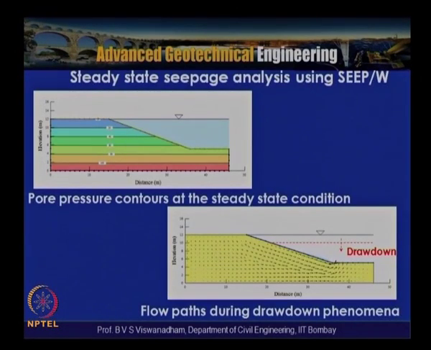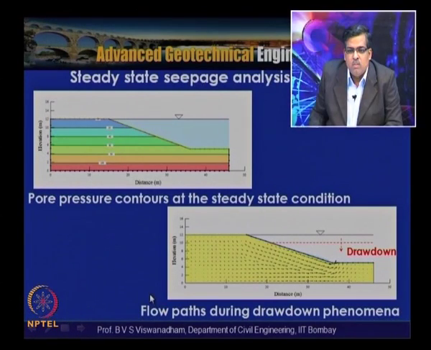So this is the steady state seepage condition analysis using SEEP/W. At the steady state seepage condition, these are the pore pressure contours, and the flow path during the drawdown phenomenon. You can see that when the drawdown is occurring, how the flow vectors are culminating here.